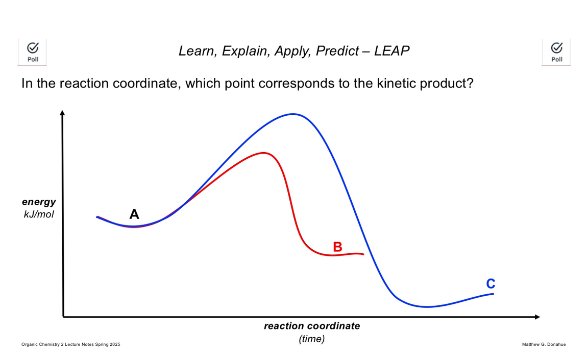So which point corresponds to the kinetic product? And so we said kinetic was dealing with rate. And so what affects the rate is the energy of activation. So starting from the starting materials, point A, I'm just going to draw this line across at that energy.